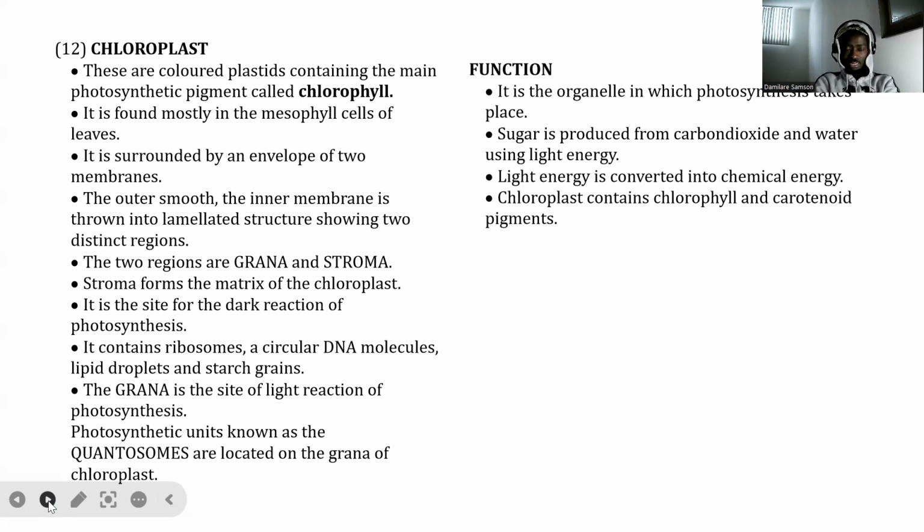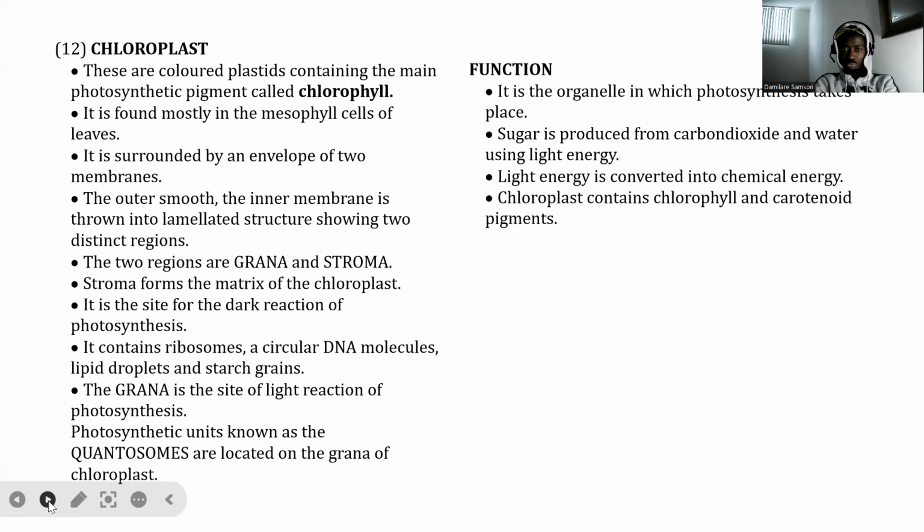So there are two distinct regions when you're talking about chloroplast. We have the grana of the chloroplast and the stroma of the chloroplast. The grana, or rather, the stroma, let's start from the stroma.